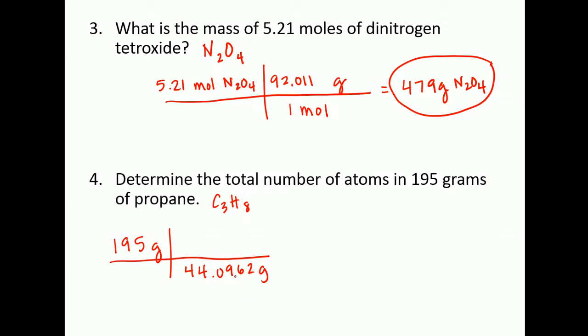Now, many students know they need to use Avogadro's number somewhere, they're just not sure how or where. As you're looking at this problem, we know that 44.0962 grams is 1 mole, and in 1 mole there is Avogadro's number of particles, 6.022 times 10 to the 23rd. Now, the problem comes in with how you label this Avogadro's number this time around.